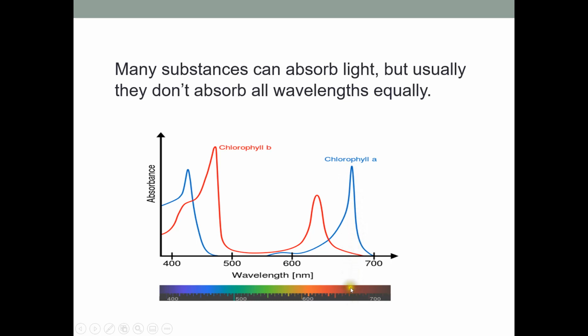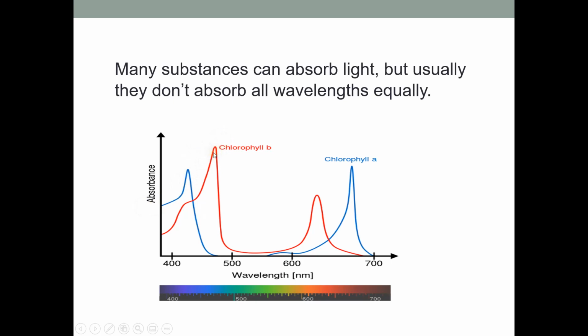So photons in the red are absorbed very well, but photons in the green aren't absorbed very well by chlorophyll A. If you get down here into the blues, chlorophyll A is absorbing these photons pretty well, and off into the ultraviolet.